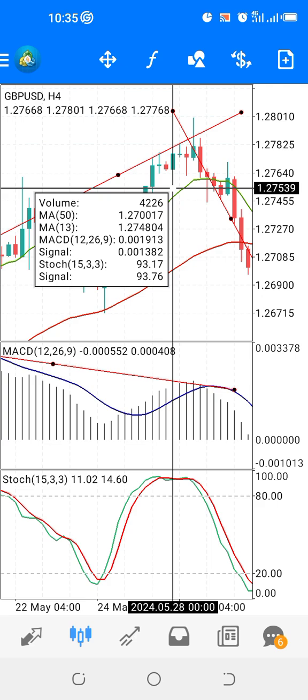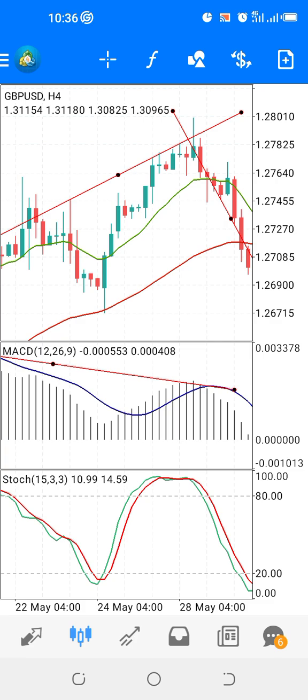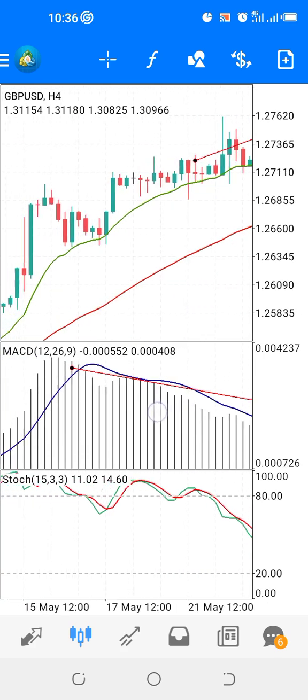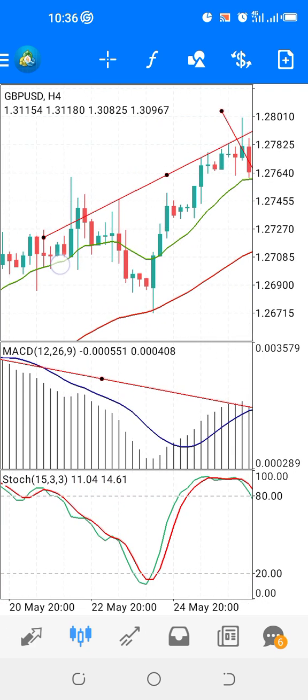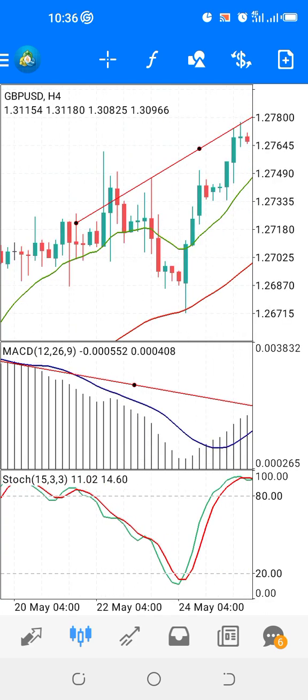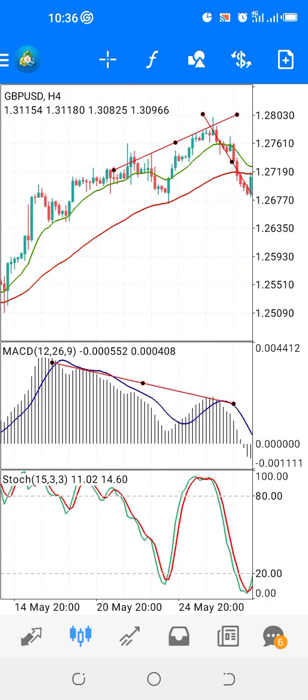Another sign to look out for is to draw trend lines on the momentum indicator and price. If both respect trend lines, then it might be a confirmation. That is what we've done earlier. We drew this line and we drew this line on the MACD. So we draw a trend line on the price, and we also draw a trend line on the MACD, and we discover that both of them are in opposite directions.